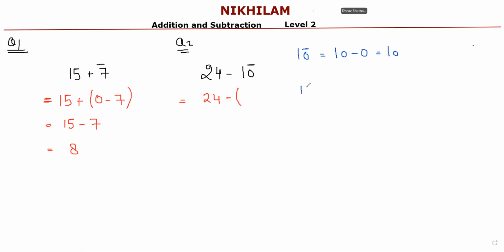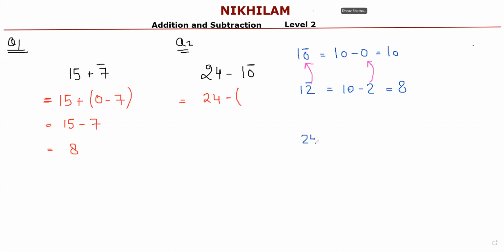For example, if you have to do 12 bar, that is 1, 2 and bar. So you will say that it is 10 minus 2. That is 8. Now, instead of this 2, I have just written 0. So similarly, instead of this 2, I will write 0. The only thing changing here is that I am changing my 2 to 0.